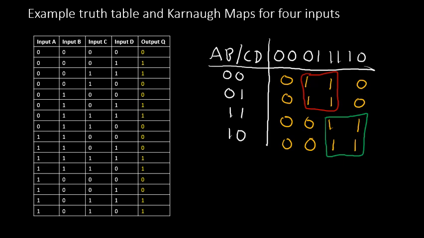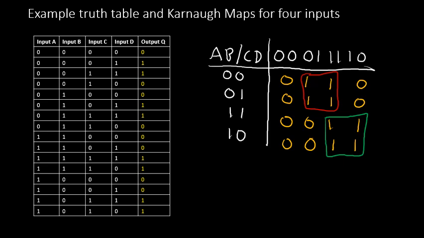So now we need to derive our Boolean expression from this. We can see here that we have not A as our input for the red box. So not A, that's consistent. It doesn't matter what B is in this case. C is 0 and 1, so again it doesn't matter what C is, but D is consistently 1.